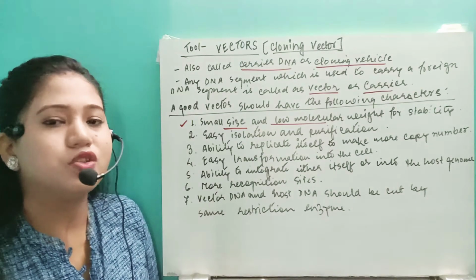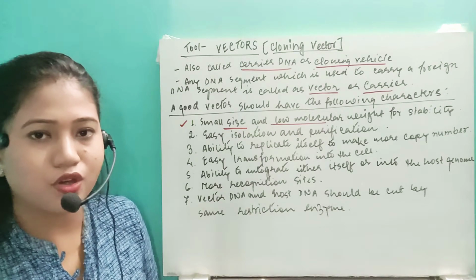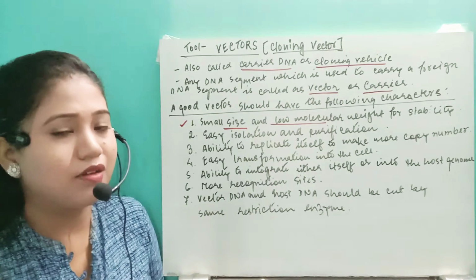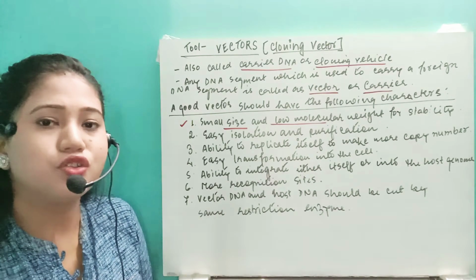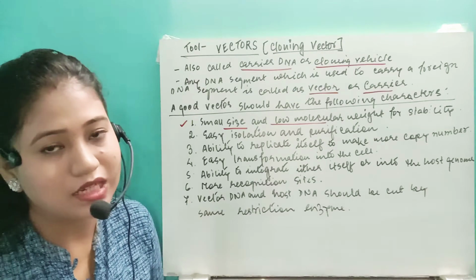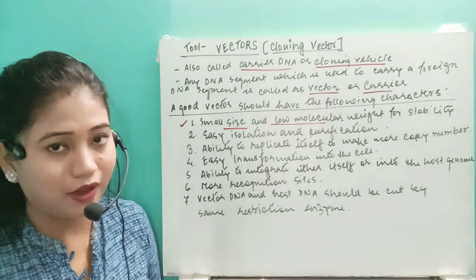A very large circular DNA will have less stability. So a small circular DNA of low molecular weight can be considered a good vector.